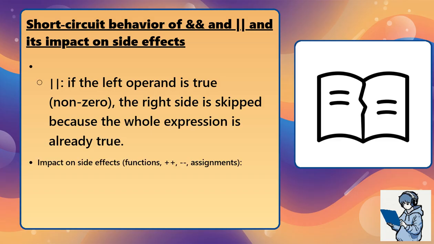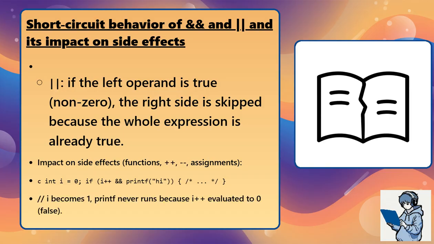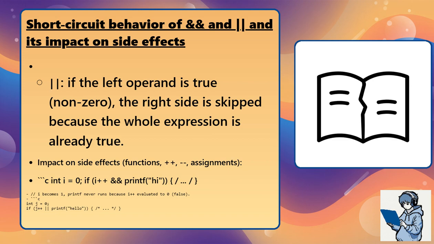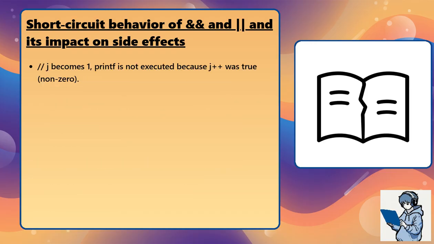Impact on side effects: functions, plus plus, minus minus, assignments. int i = 0; if (i++ && printf("hi")) { ... } i becomes 1, printf never runs because i++ evaluated to 0, false. int j = 0; if (j++ || printf("hello")) { ... } j becomes 1, printf is not executed because j++ was true, non-zero.